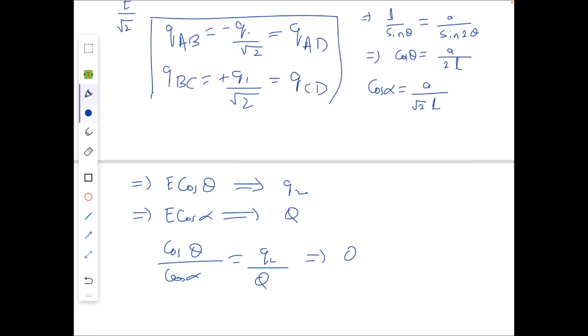So from here we get Q equals Q2 times cos alpha, which is a by root 2 L, over cos theta, which is a by 2L. So from here the charge Q is Q2 root 2, sorry, Q2 by root 2.